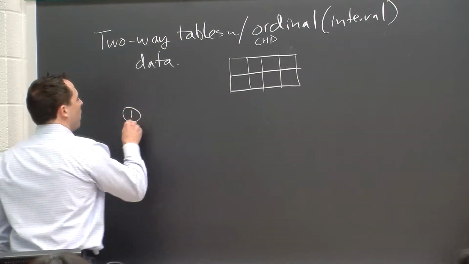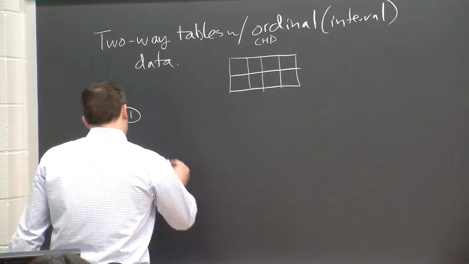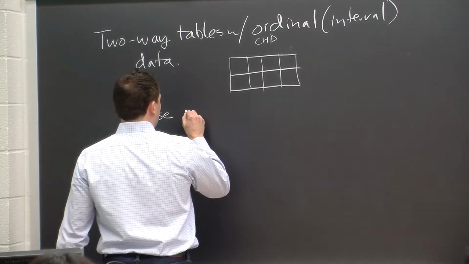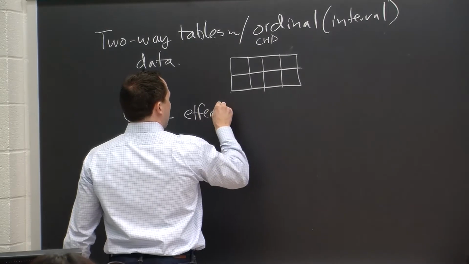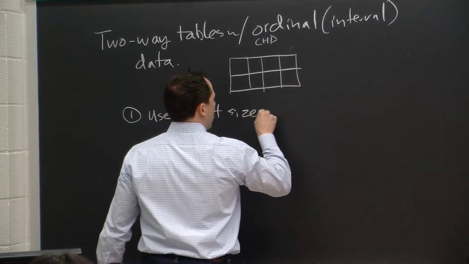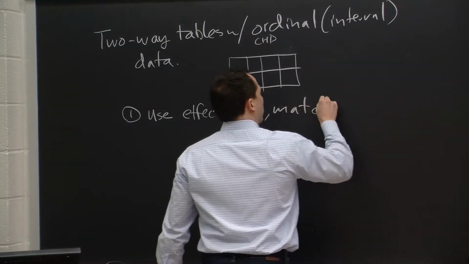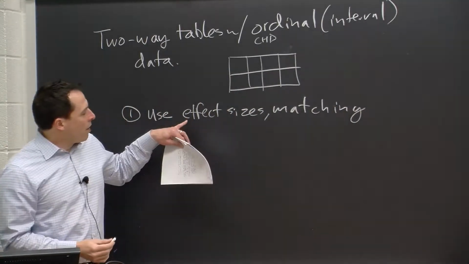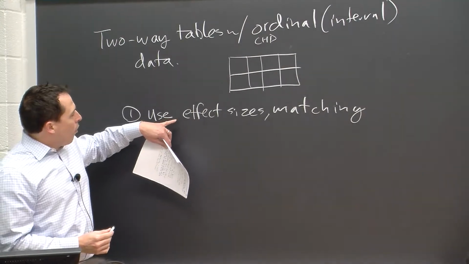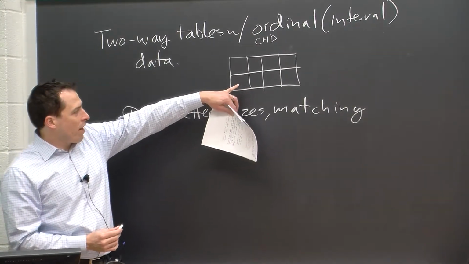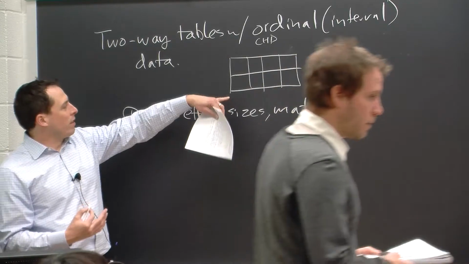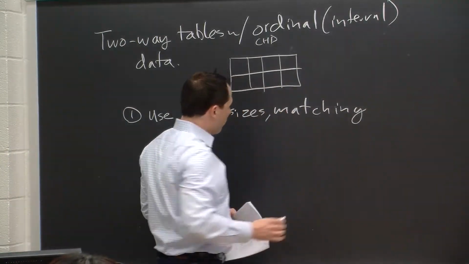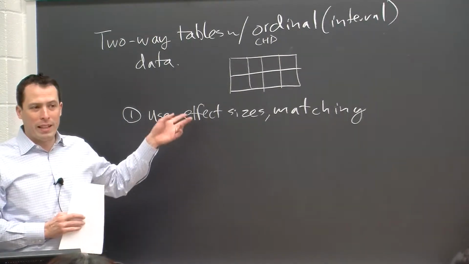So approach number one is the one we saw last time, which was to use comparisons or effect sizes. And when we study effect sizes, we know that though there are many effects that we could measure in the table, in this case 4 choose 2, there are fewer than that degrees of freedom, right?